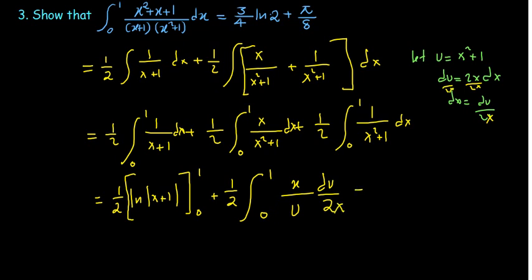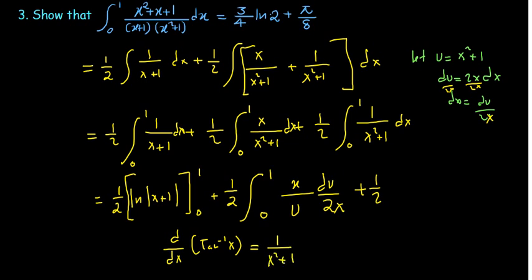Okay, and then we have got plus 1 over 2. Now for this last one, when we talked about the derivative of inverse trig functions, the derivative of tan inverse of x, we saw that it was 1 over x squared plus 1.